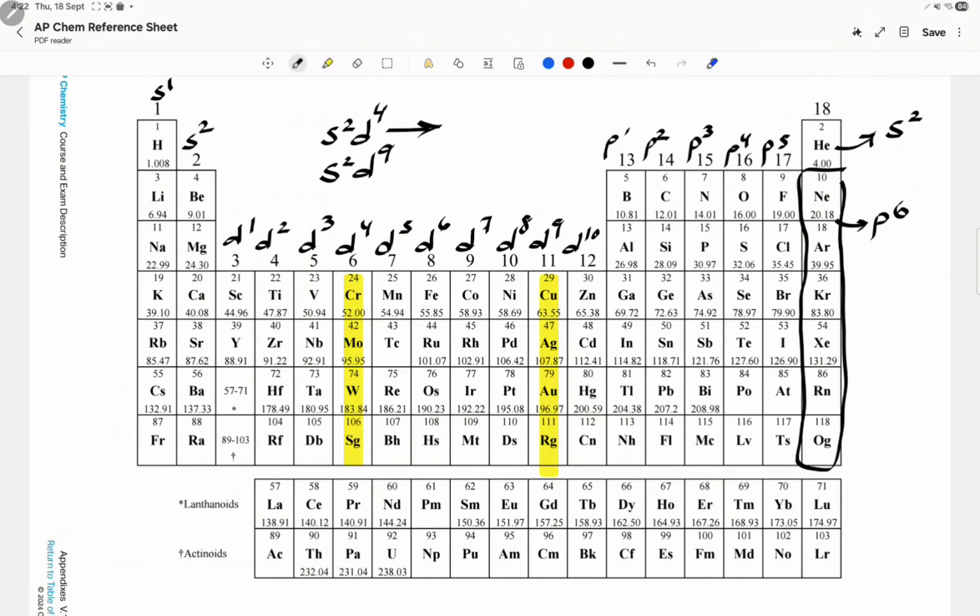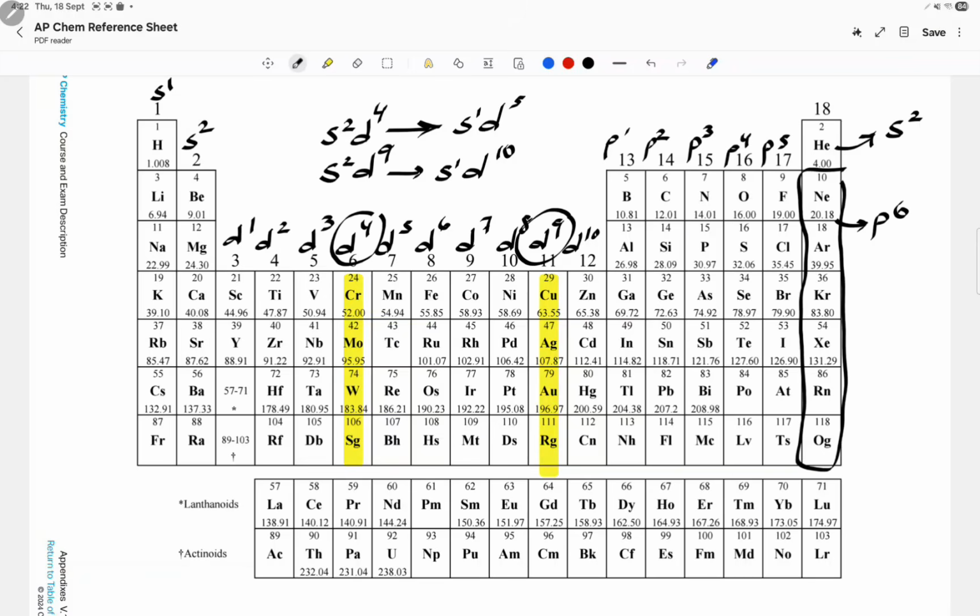If you have S2 and D4, the S must donate 1 to the D to make it S1 D5. And when I say it's a D9, I must take 1 from the S to make it into S1 D10. Okay. Good.